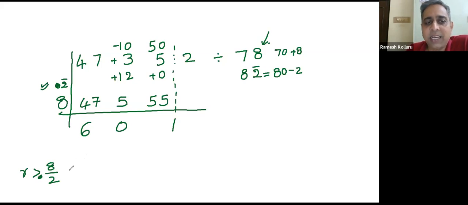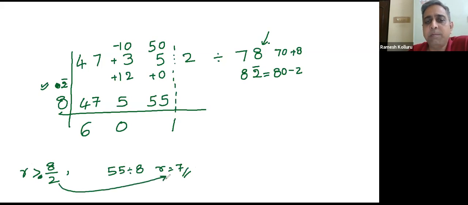In this case, when 55 is divided by 8, my remainder is 7. So I have to be very cautious. This 7 is greater than 8 by 2. The chances of exceeding the divisor are more. So what I'll do is 8 sevens are 56. Right? 8 sevens are 56.